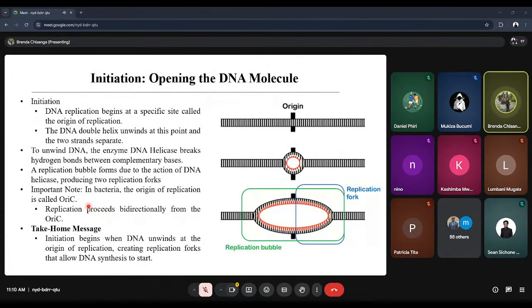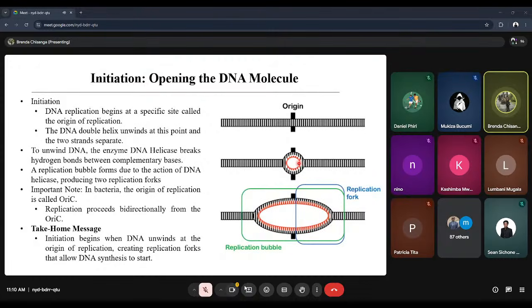In bacteria or prokaryotes, the region where DNA replication starts or where initiation of DNA replication starts is referred to as an origin of replication or an ORI-C. Okay, just C. What you see in this diagram is that region initially was held by hydrogen bonds, and then those hydrogen bonds are broken or melted.